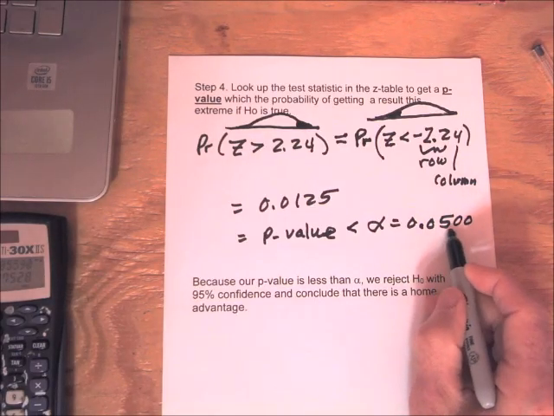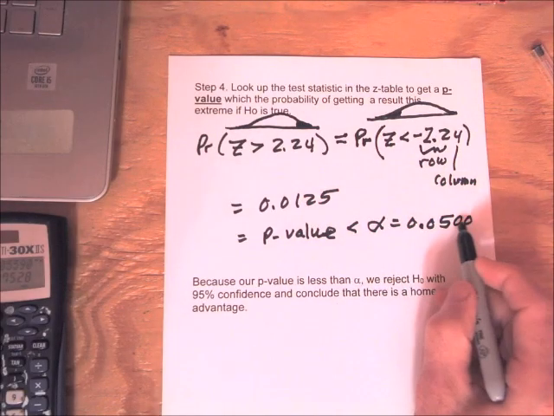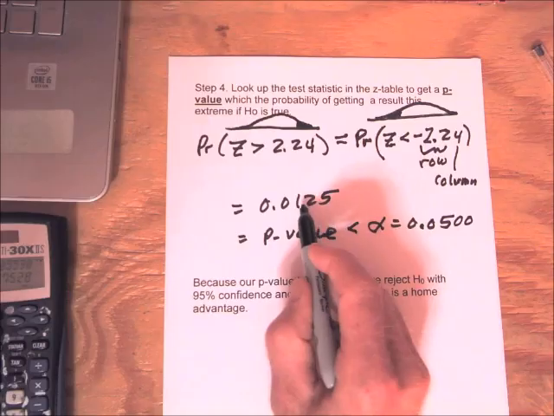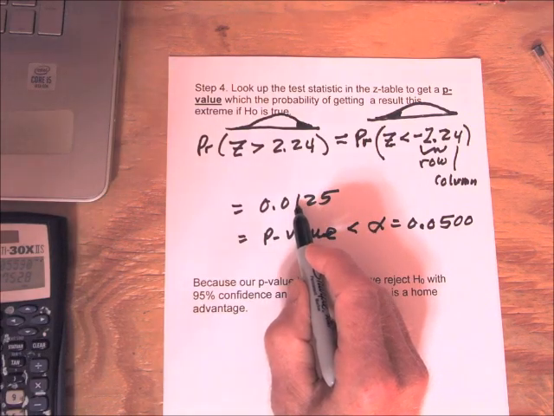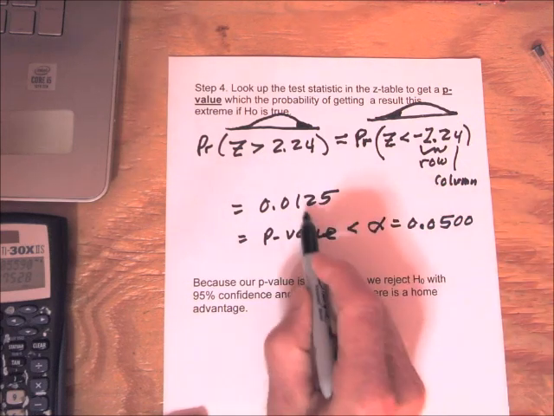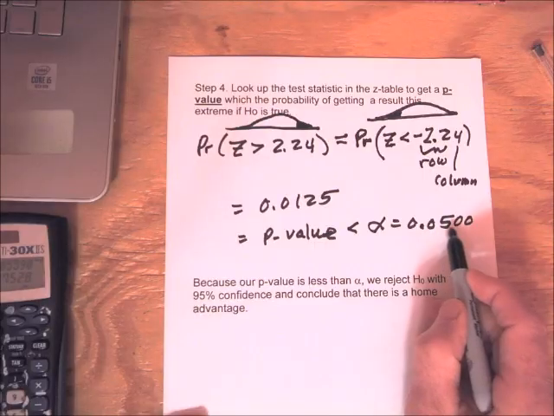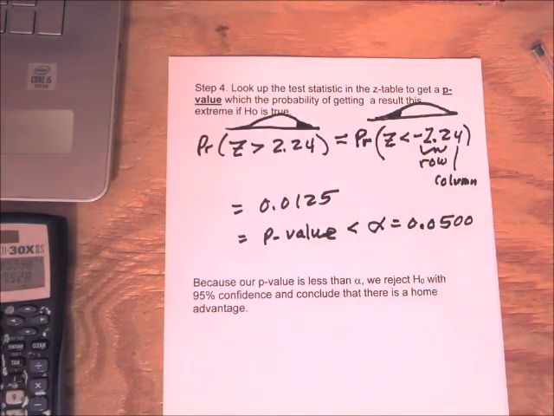We have alpha equal 0.05, but if we add extra zeros on the end, so they have an equal number of zeros, then we can just compare the numbers that come after the leading zero. So 125 is less than 500, so that means that 0.0125 is less than 0.05. It's less than alpha. So we can conclude there is a home advantage with 95% confidence.